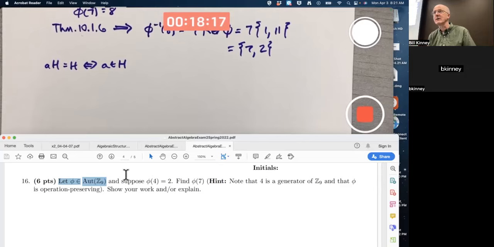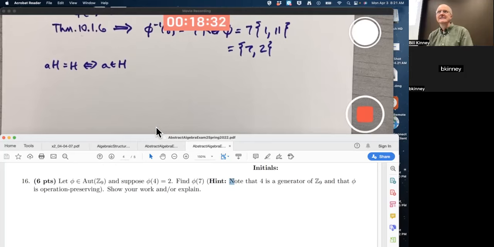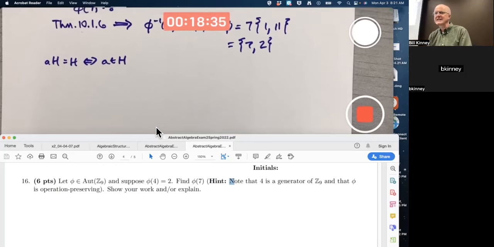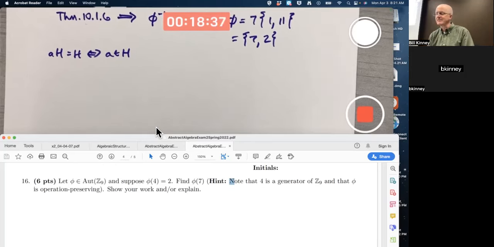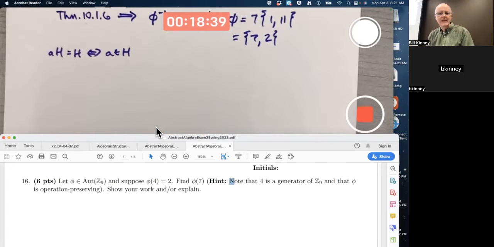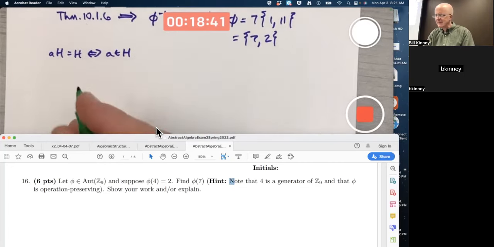These are not just operation preserving, but also one-to-one and onto. Suppose phi of 4 is 2, find phi of 7. Okay, so the hint says 4 is a generator of Z9 and phi is operation preserving. And remember the group operation is addition here. We want to find phi of 7.